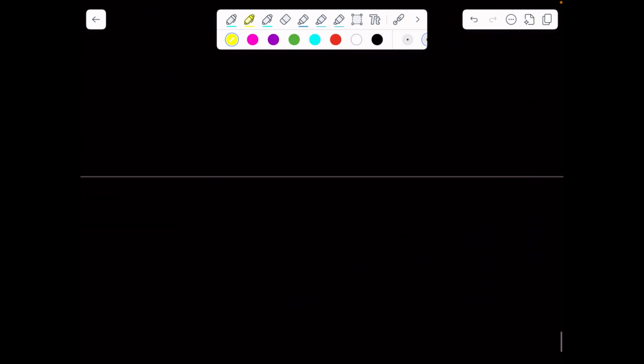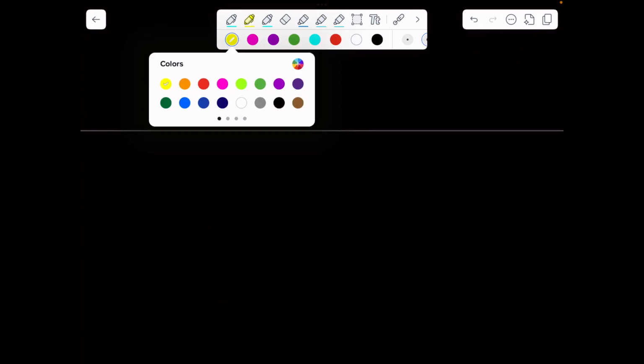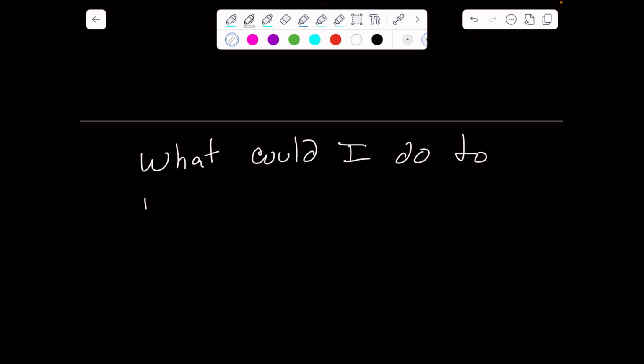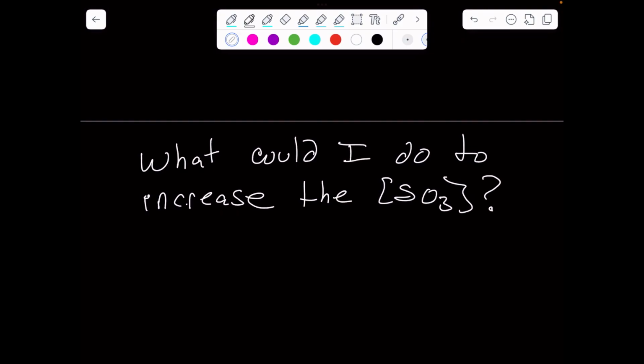So here we go. My question is going to be, what could I do to increase the concentration of SO3? Okay, so let me put my reaction back. 2SO2 plus O2 produces 2SO3.